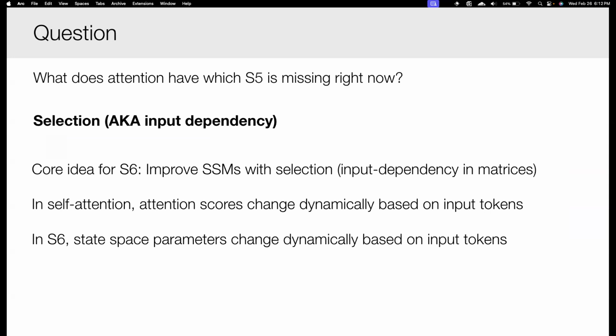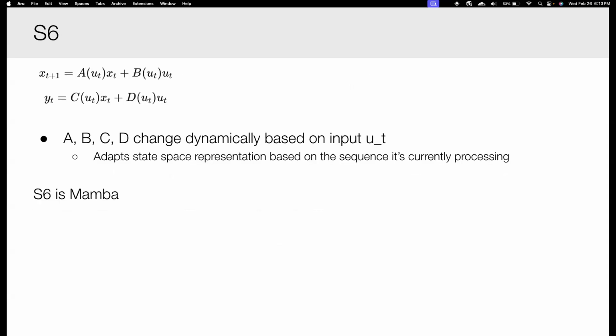And so the core idea for S6, which adds the selection S to it, is that it improves SSMs by having input dependent matrices. In self-attention, for example, your attention scores change dynamically based on the input tokens. And now with S6, your state space parameters, A, B, C, and D, are changing dynamically based on your input tokens with selection. And S6 is Mamba.